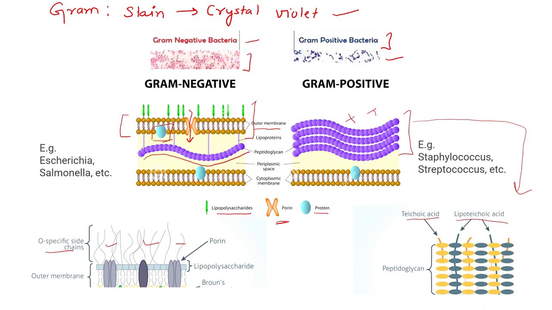So the outer membrane and peptidoglycan layer create the difference between gram-positive and gram-negative bacteria. Examples of gram-positive bacteria are Staphylococcus and Streptococcus, while examples of gram-negative bacteria are Escherichia coli and Salmonella typhi.